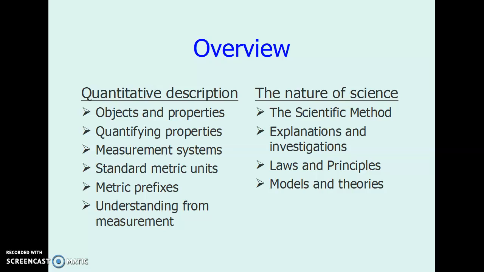Nature of science: we use a scientific method as a standard in our exploration of the world. We have explanations and investigations, and these give rise to laws and principles and models and theories.